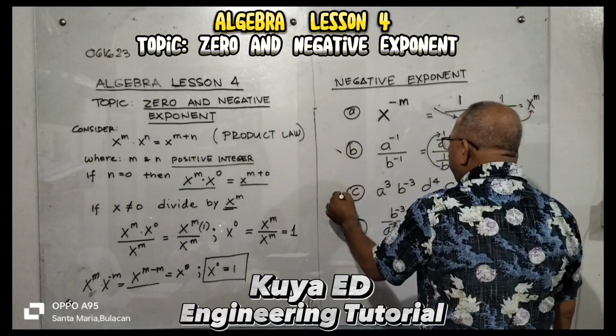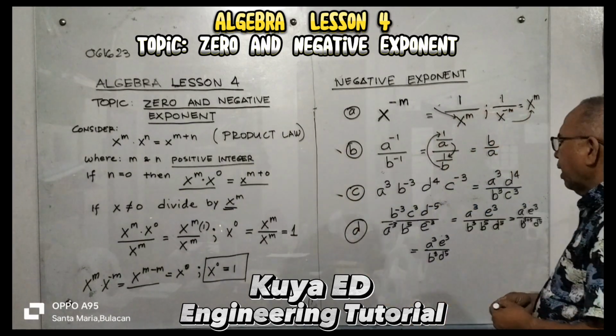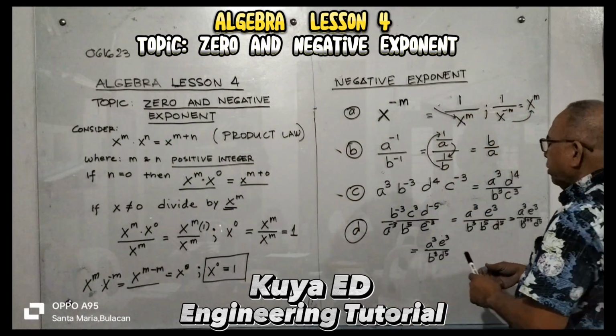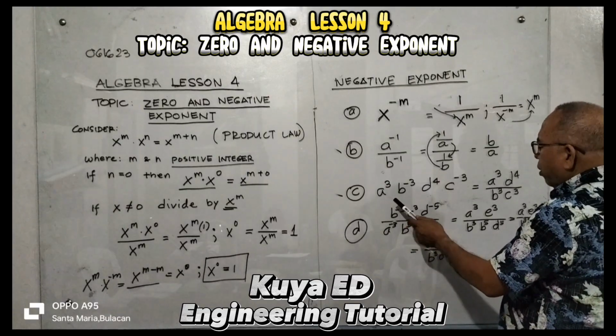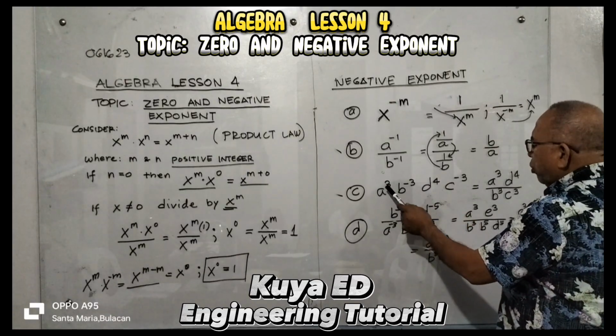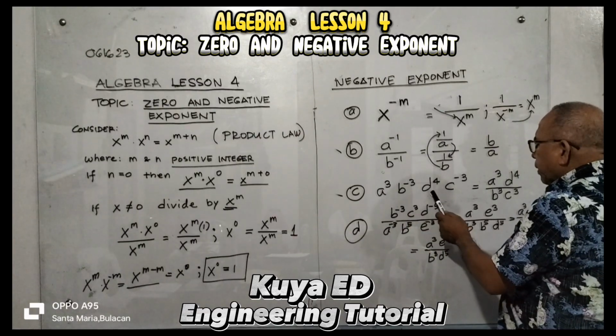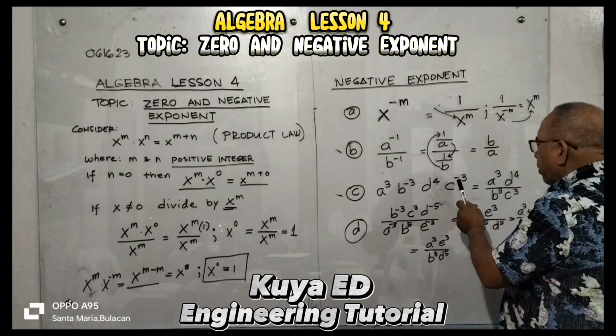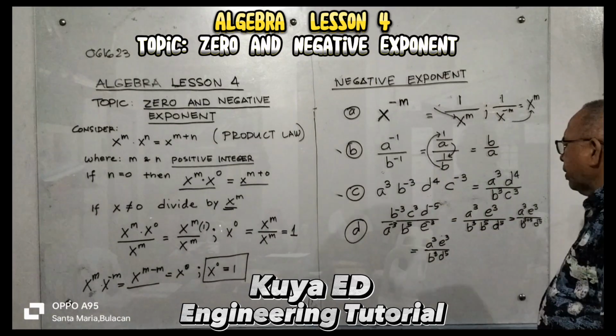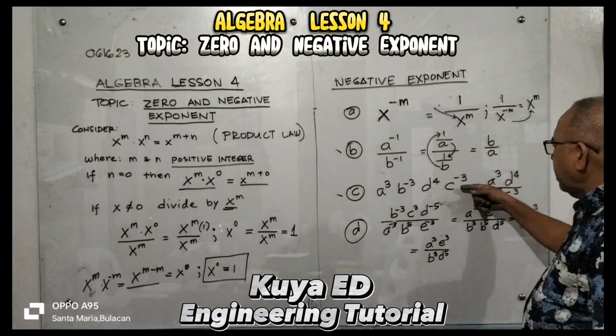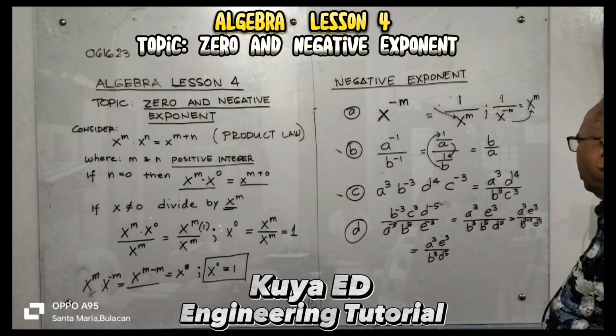Okay, next. Number 3. So, number 2, number 3, or letter C. O, kunwari daw, the equation is, or the term is a to the cube, b to the minus cube, d to the fourth, and c to the minus cube. So, anong ibig sabihin? Nakalinya sila, walang denominator.